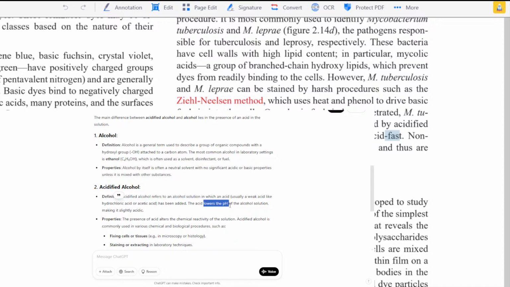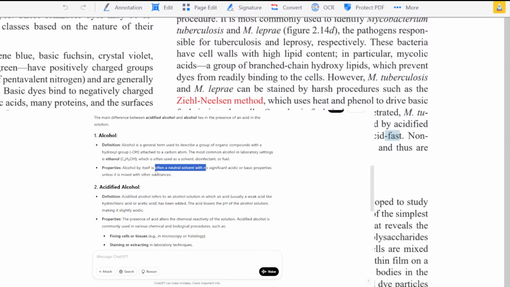The acid lowers the pH of the alcohol solution, making it slightly acidic. Oh, lowers the pH. So the general alcohol is not that acidic. Of course, because it has an OH group, how is it going to be acidic? Alright, so it makes it more acidic. So that's why usually alcohol is not acidic, but when you put a weak acid in it.